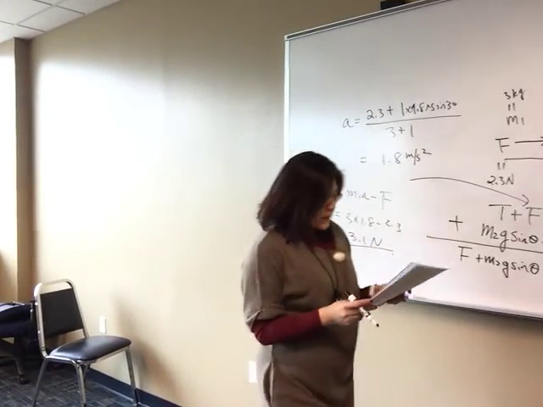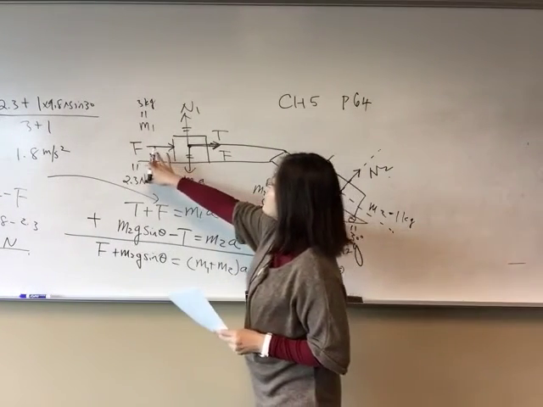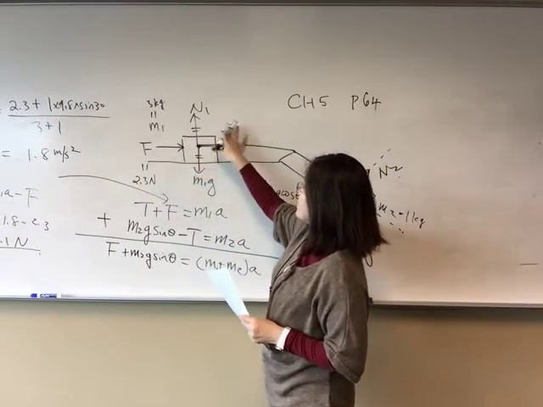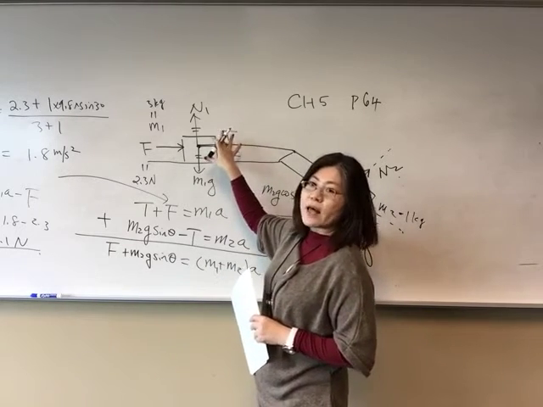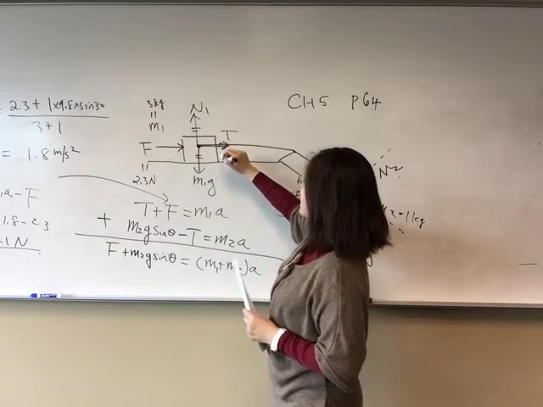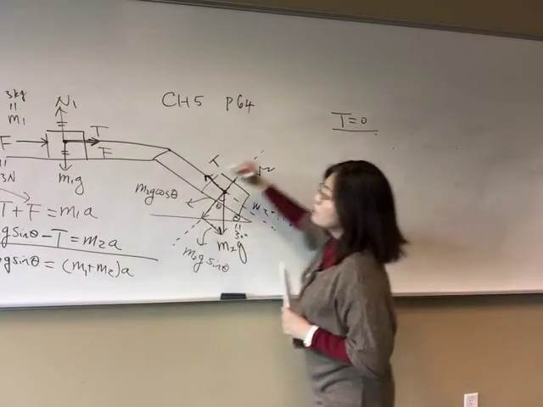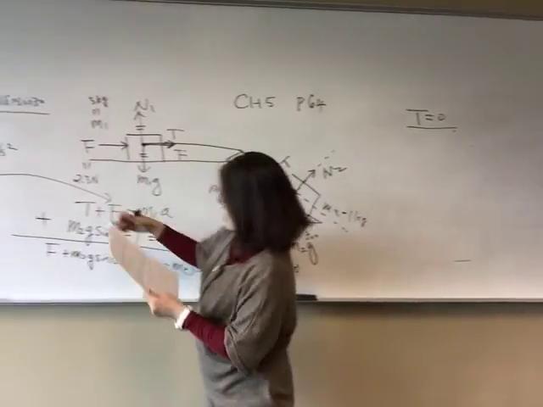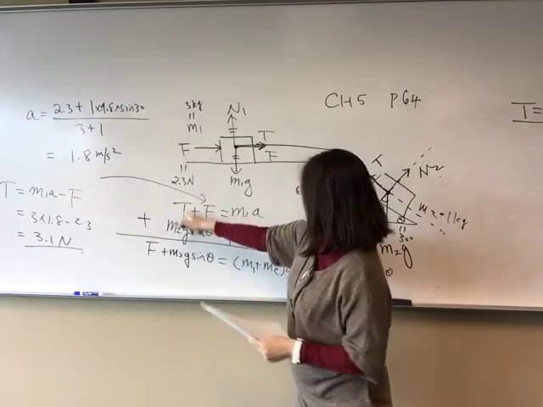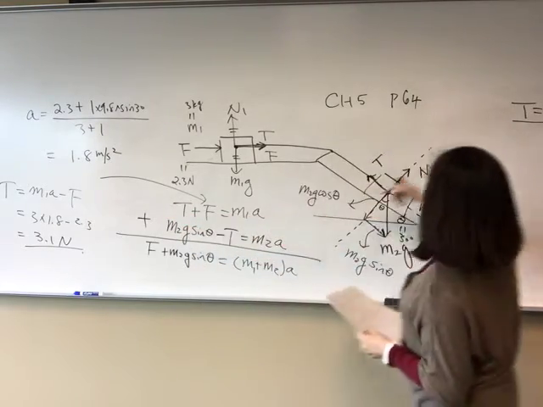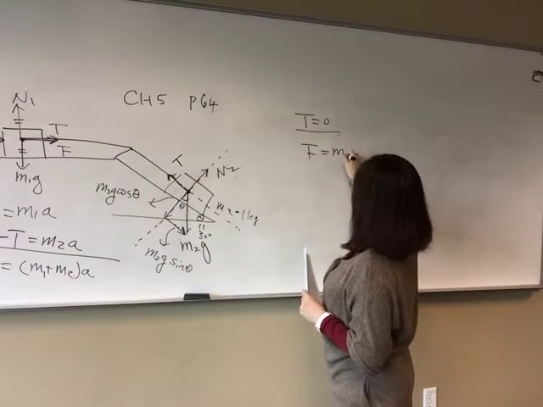And then on the second part, it says how much force you apply that will make the rope lose its tension. It becomes slack. If it becomes slack, which means that tension is 0. If tension is 0, then your T no longer exists, so you still have your F that's equal to M1A.